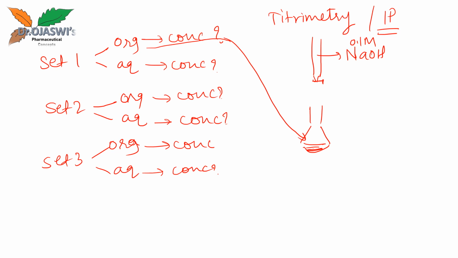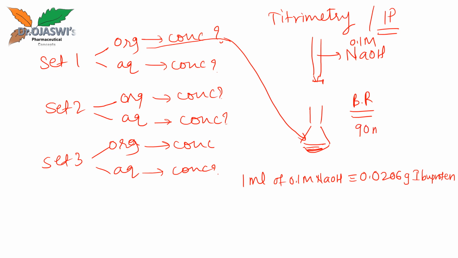and I will get the burette reading. Now this burette reading I will substitute in the factor. The factor is: 1 ml of 0.1 molar NaOH corresponds to 0.0206 grams of ibuprofen. This is the factor given. So suppose my burette reading is 90 ml.